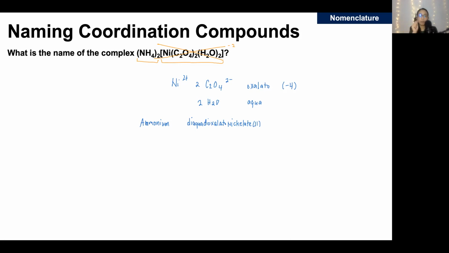In the reference that I used, they specified that bis, tris, tetrakis, and so on will be used only if you have di, tri, tetra, etc. in the name of your ligand. So here I use that rule. That's why I have diaqua dioxalato nickelate 2. But I will confirm that in class for clarity.